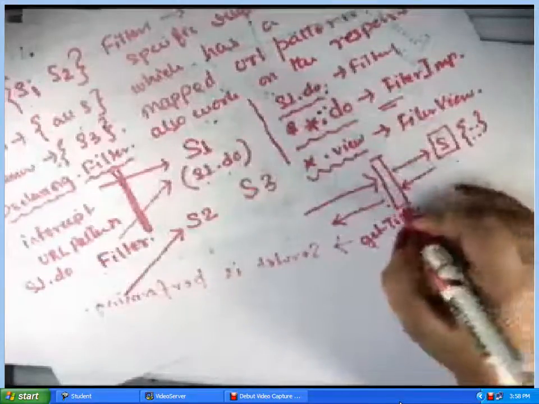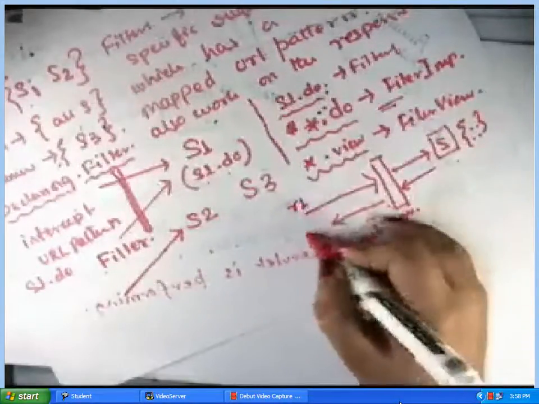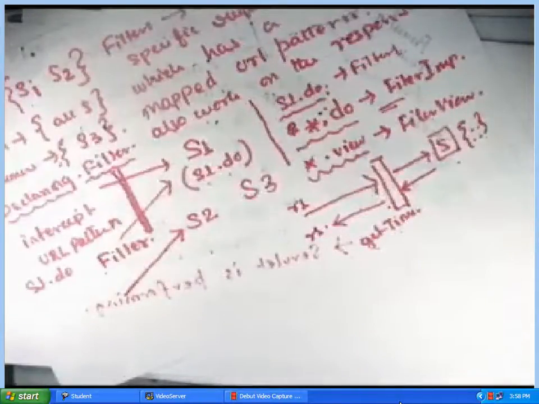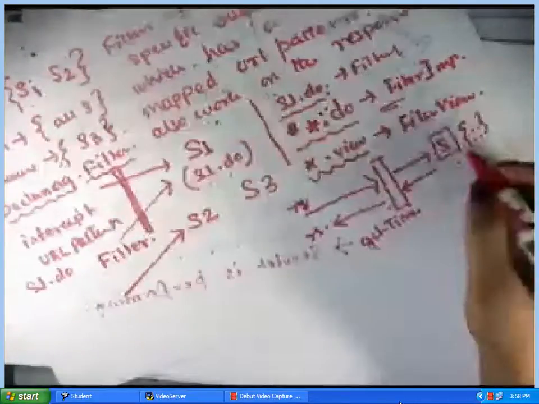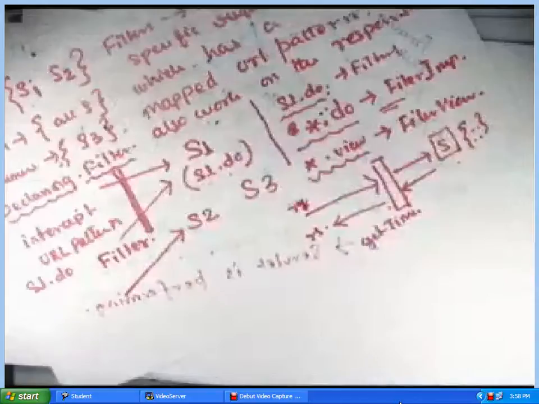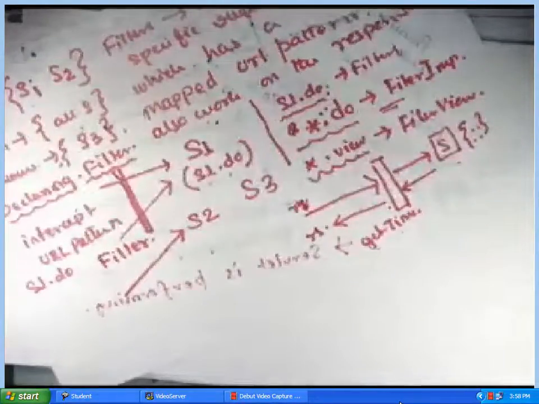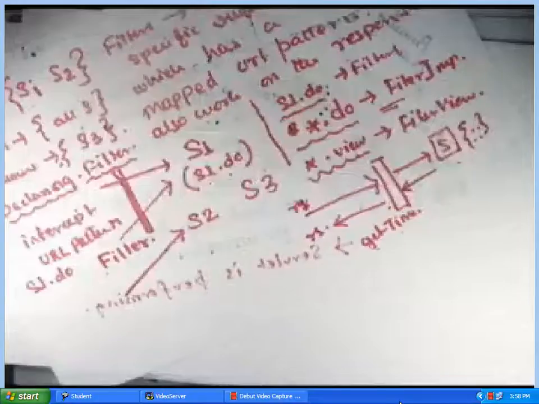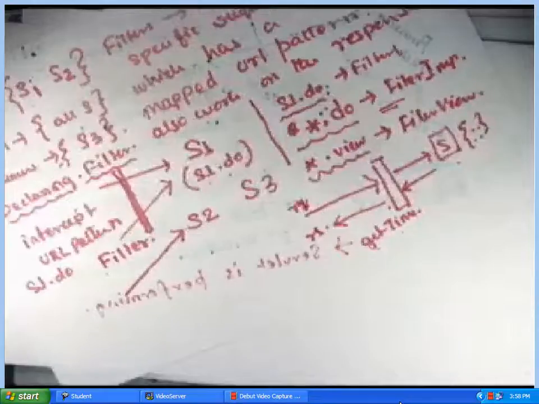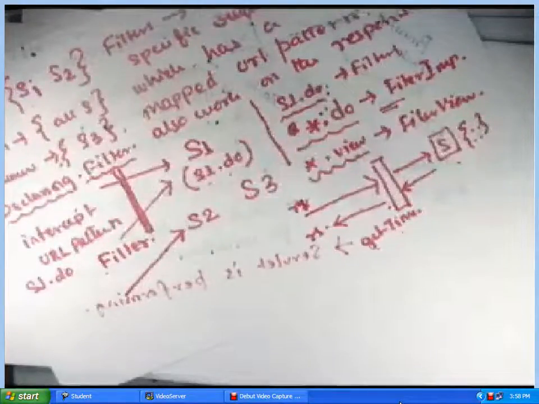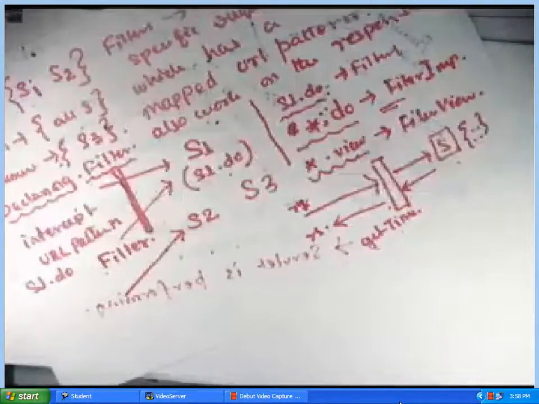So we will get the difference between the request and the response, and we will be able to judge the performance, the kind of efficiency the servlet is providing, or how much time is taken to provide the response. So the entire time we can check with the help of filters. So performance and logging of the performance is also an important job which we can achieve with the help of filters.